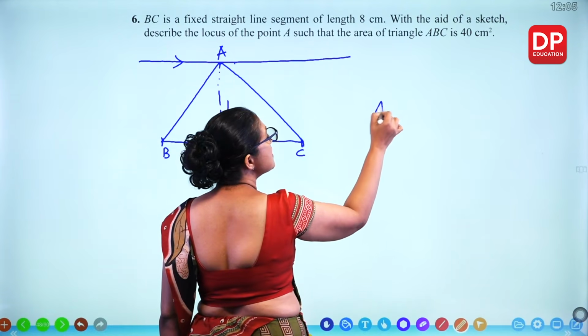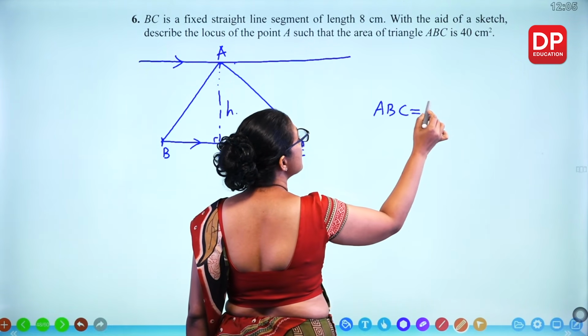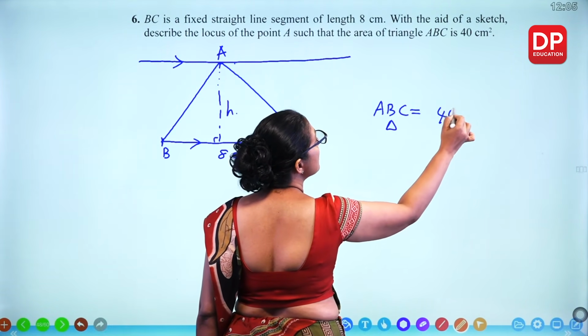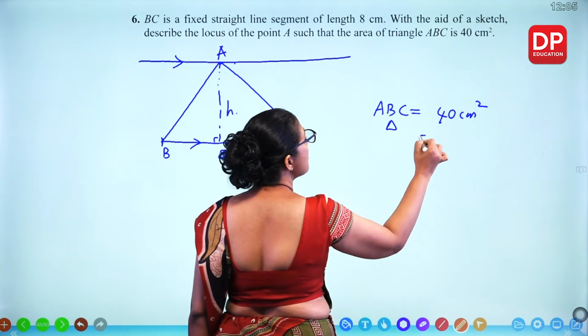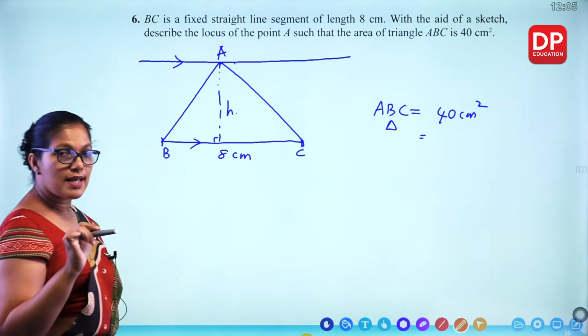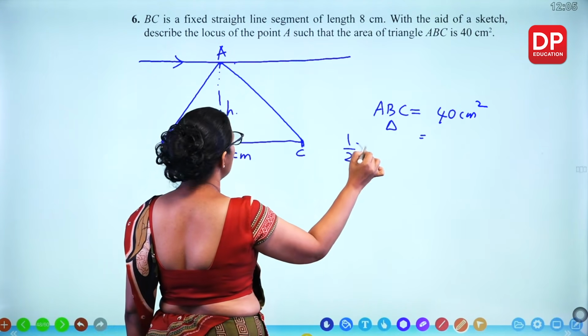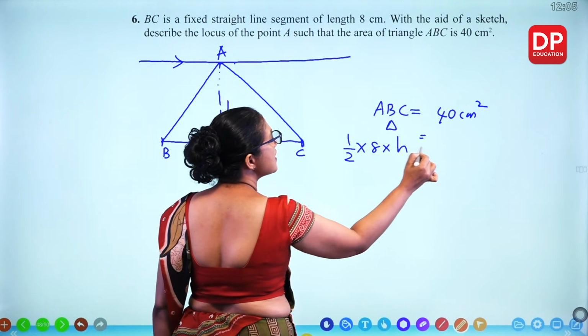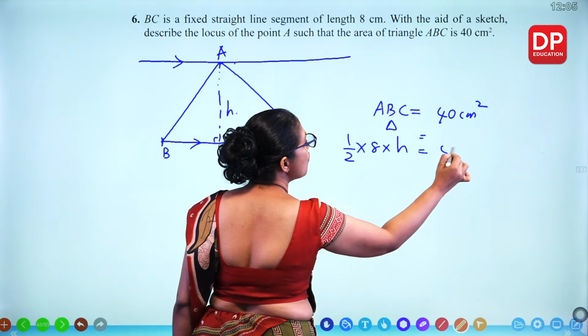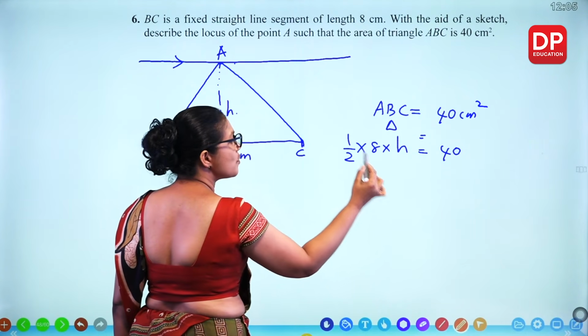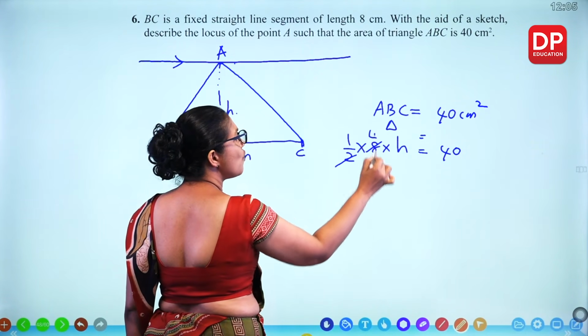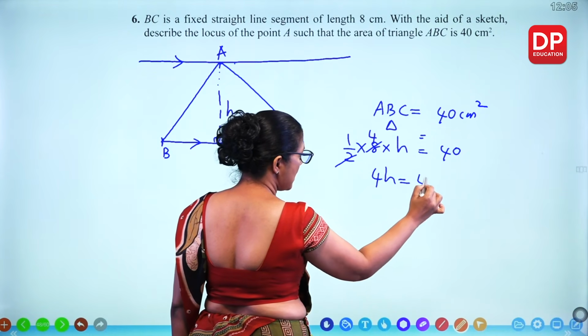Area of ABC is 40 square centimeters. But we know area is equal to half times base times height. That's equal to 40. So what should be the height? Half times 8 is 4, so 4h is 40.